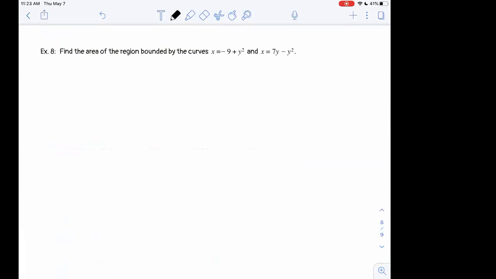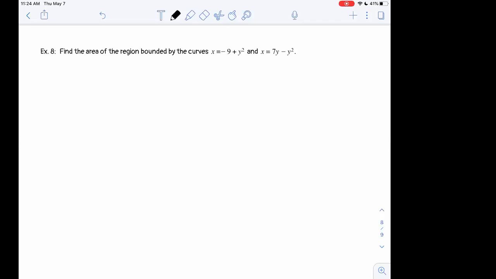So without even drawing any pictures, what are folks' instincts right now? Should we try the vertical rectangles or the horizontal rectangles? Horizontal. And why are you saying that? Because there's y's in the equations.